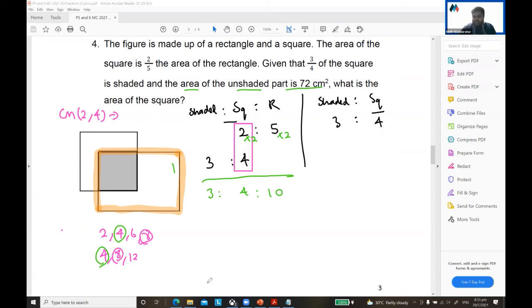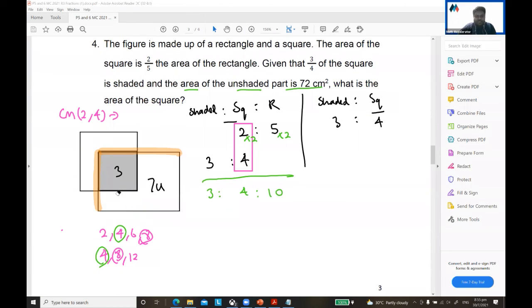So rectangle is 10 units, right? And the shaded here is 3 units. So what is this portion here then? Can you tell me? Yeah, impressive. 7 units.